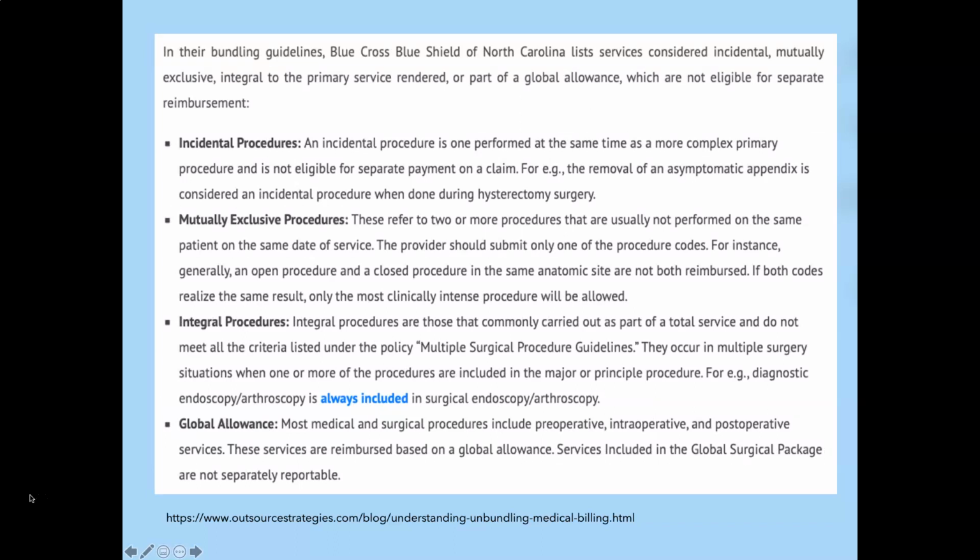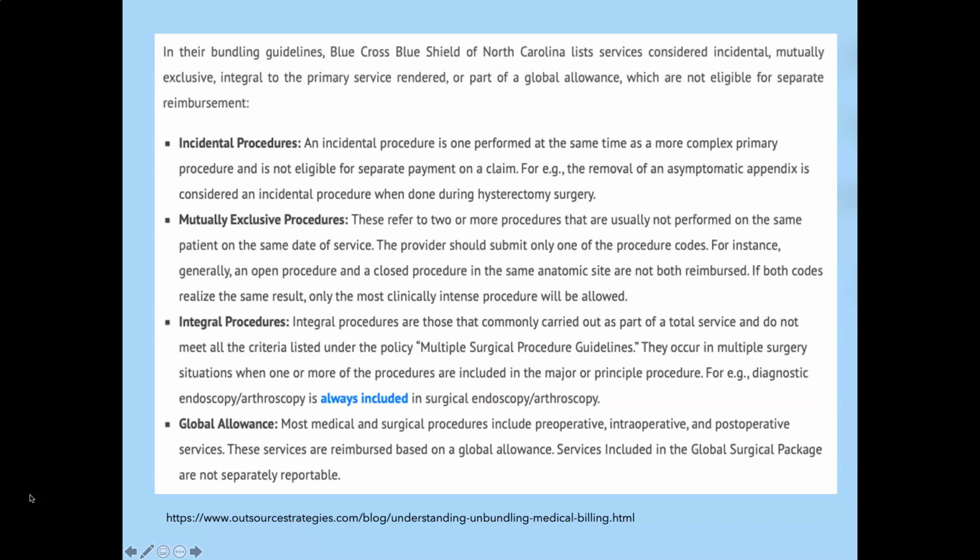In their bundling guidelines, and I pulled these from Blue Cross and Blue Shield because, again, most payers are pretty similar, but this was a really good example of a set of bundling guidelines, it says that services considered incidental, mutually exclusive, integral to the primary service performed, or part of a global allowance are not eligible for separate reimbursement.